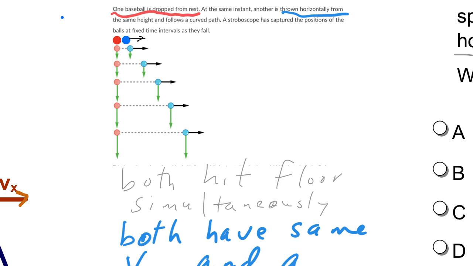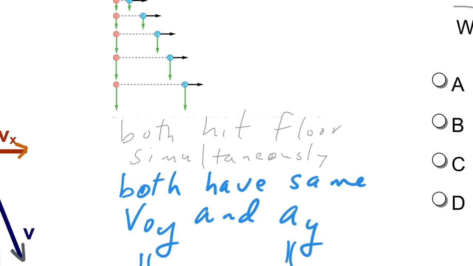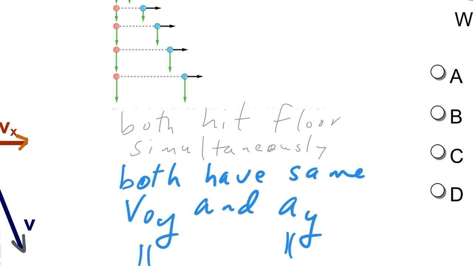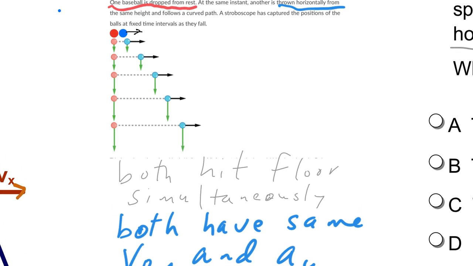Okay, the point is, both balls drop at the same rate. And they'll hit the ground at the same time if dropped from the same height. One's thrown forward, one's just dropped. Both have the same VOY. One has VOX. The blue ball has a horizontal velocity at the beginning, which it maintains throughout the whole trip since there's no drag.